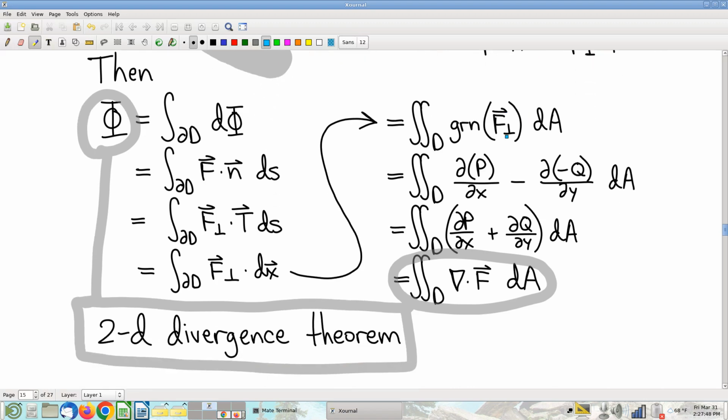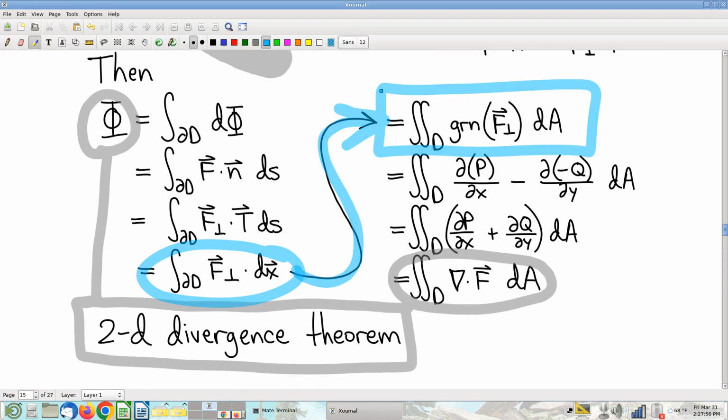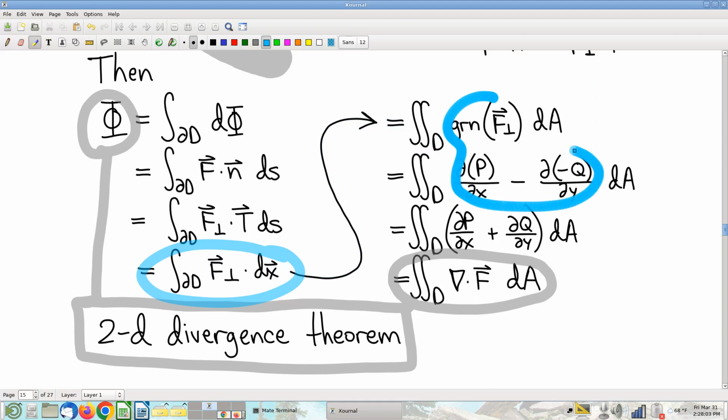And that gets me down to a regular old vector line integral, to which I can apply Green's theorem. Green's theorem is just about computing an operator. So Green's operator, this right here. Gotta be careful when you compute Green's operator here.